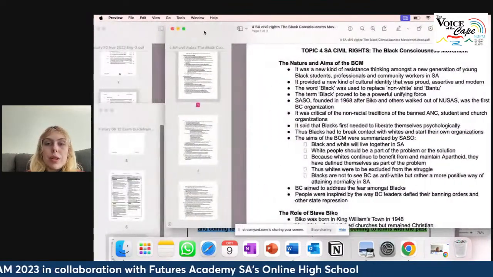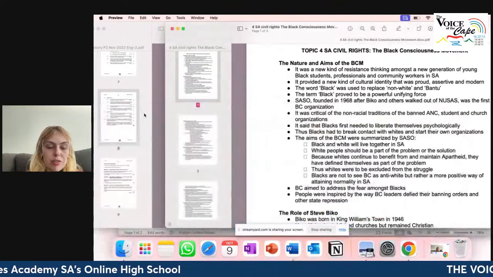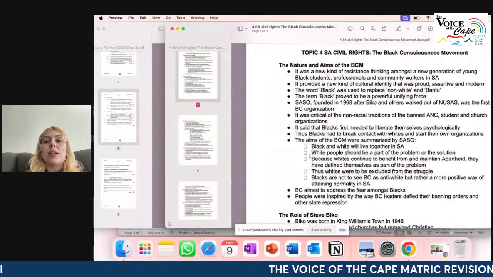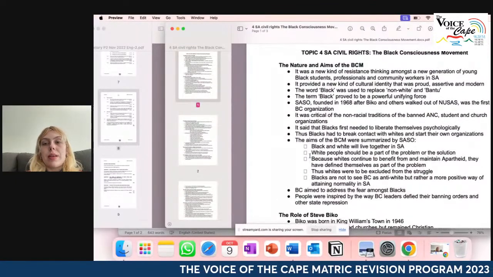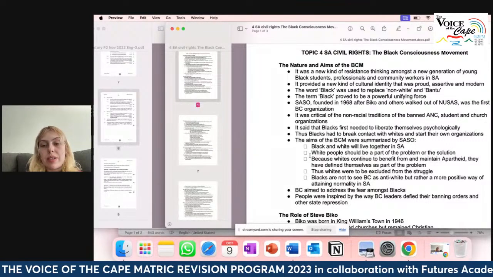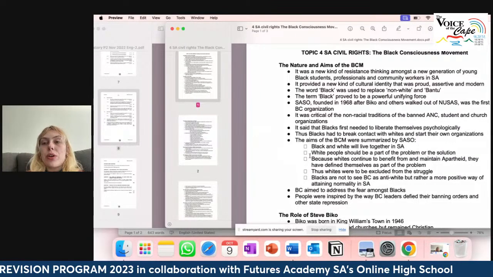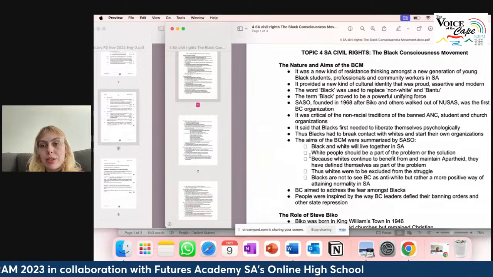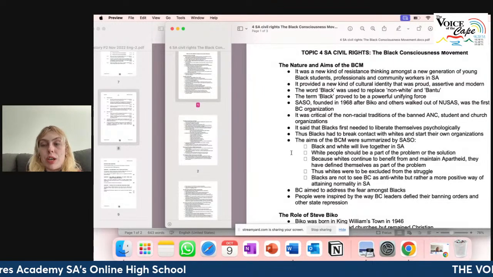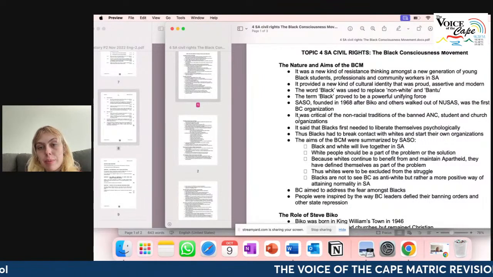So the Black consciousness movement, essentially, just very quickly, was a movement that came into popularity in the 60s and 70s, and it tried to conscientize people about being Black and to take pride in being Black, where under the apartheid regime, it was viewed as something to be embarrassed about, to be shameful about.